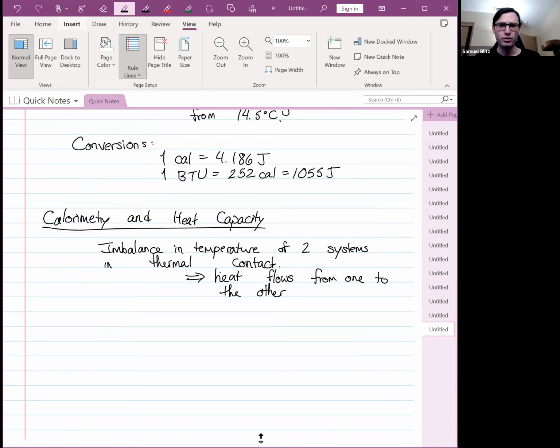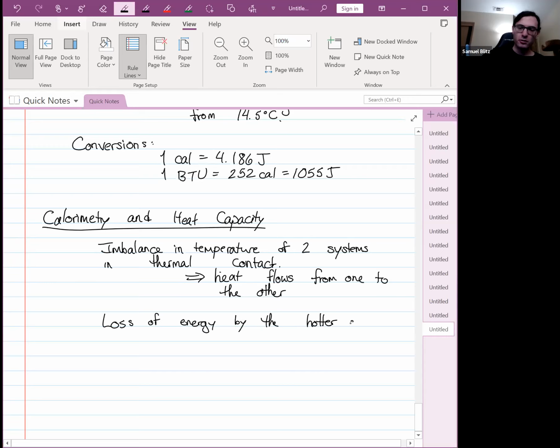Relatively intuitive, I think. And so, in fact, the question then is how much? Like, does one lose more energy than the other? Like, how does this work? And so just by energy conservation considerations, the loss of energy by the hotter system reduces its thermal energy. So it gives off heat.